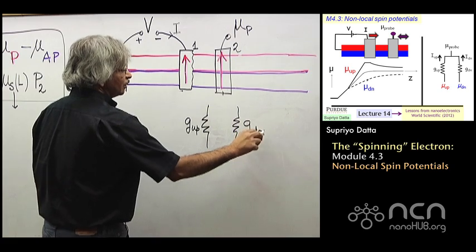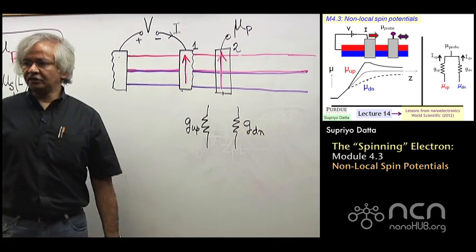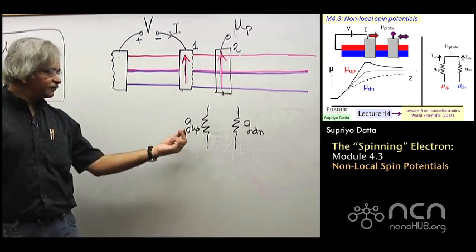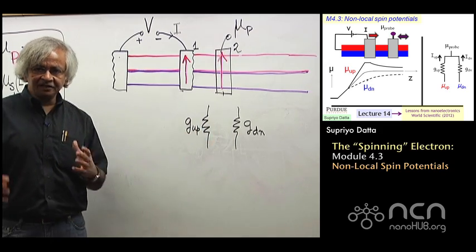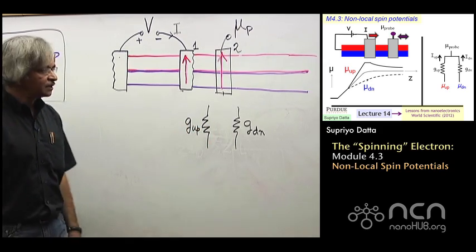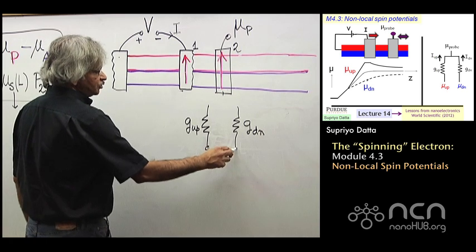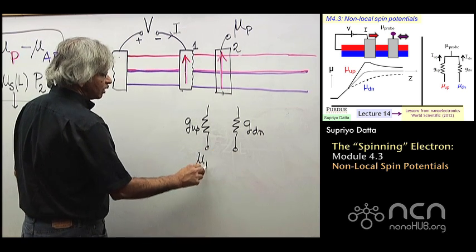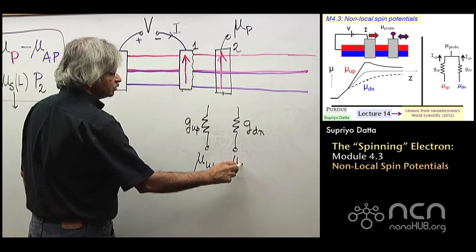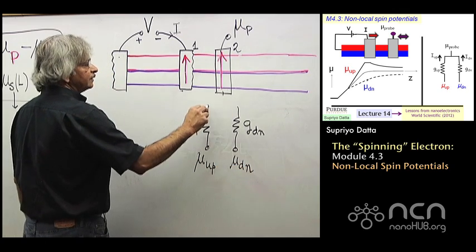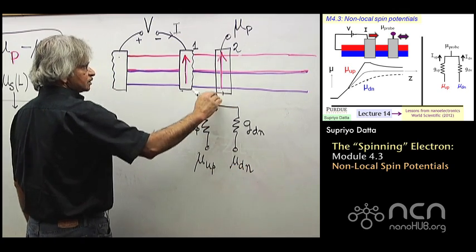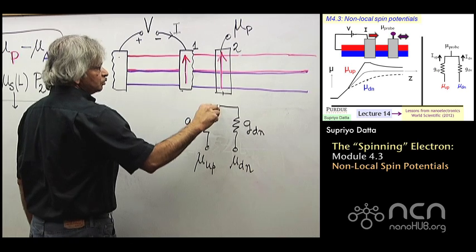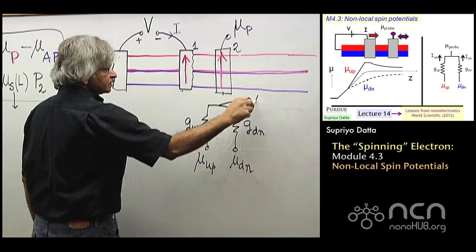Because as I said, all these phenomena we are talking about arise from the difference in interface resistances for the two channels. So you have an up channel and a down channel. This one has some mu up, and that one has some mu down. And they are connected to this mu p through the two conductances.